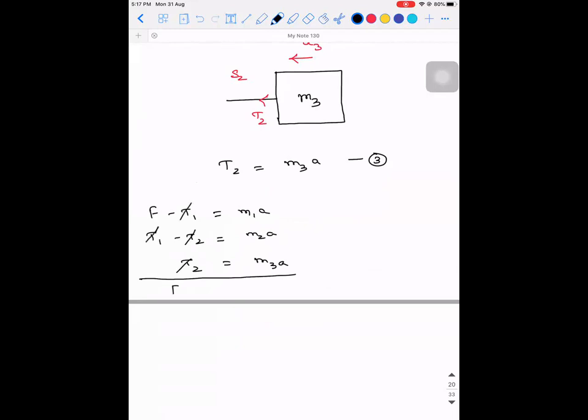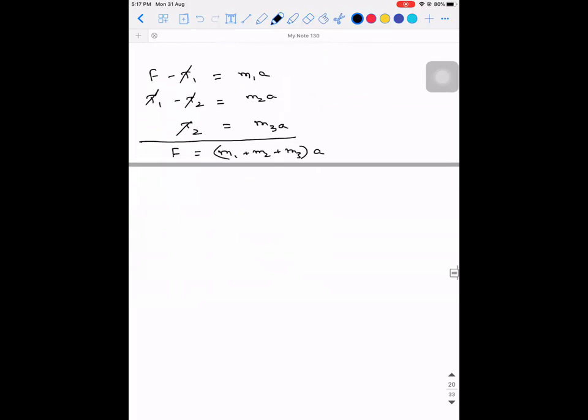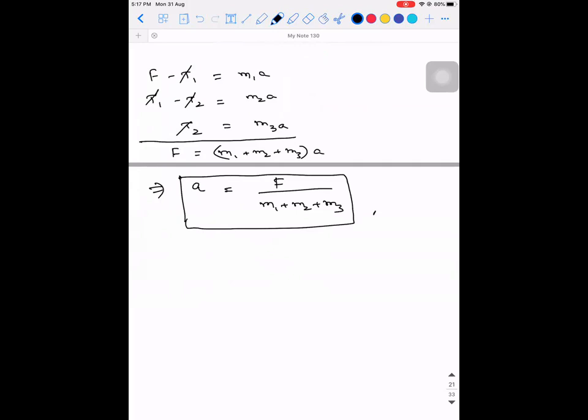T2 and T2. So F will be equal to M1 plus M2 plus M3 into A. So what will the acceleration of the system be? F divided by M1 plus M2 plus M3. Is that clear?